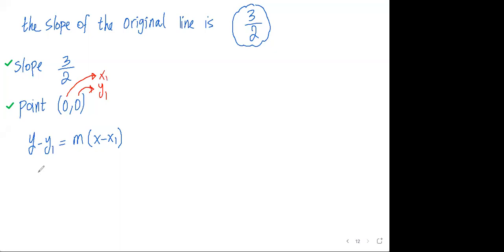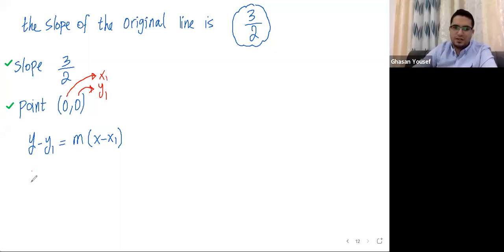So I plug into this equation and get y minus 0 equals 3 over 2 times x minus 0. Y minus 0 is y, and 3 over 2 times x minus 0 is 3 over 2 times x.